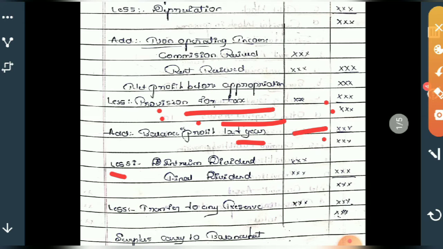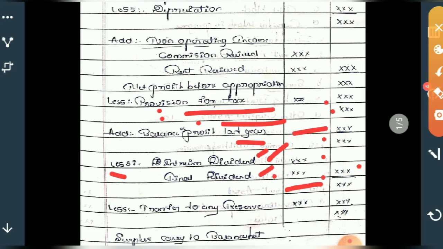Then you have to deduct any dividends if given. There may be an interim dividend or a final dividend. Interim means half yearly dividend, final means annual dividend. If it is given, you have to deduct it. Then you take the remaining balance.